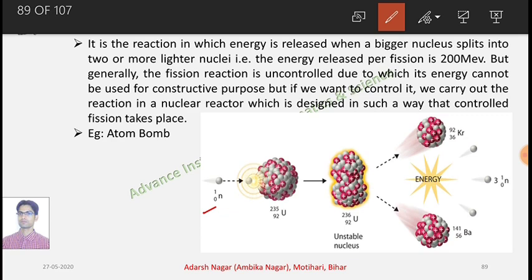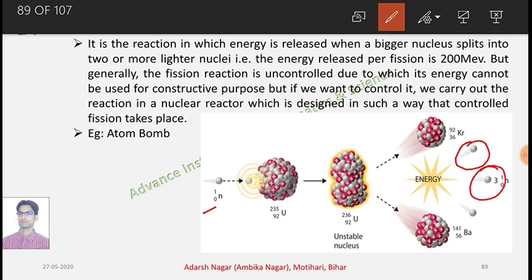One is krypton and another is barium. The krypton has mass 92, the barium has mass 141. The heavy nucleus breaks into two lighter nuclei, and during this breakage lots of energy is released along with 3 extra neutrons.